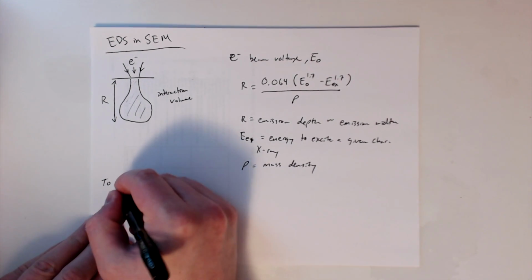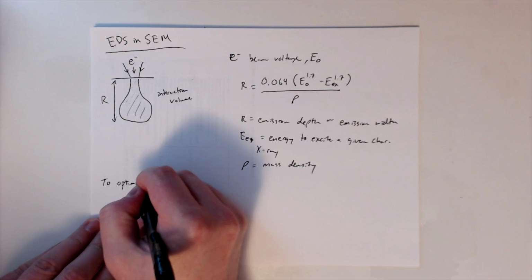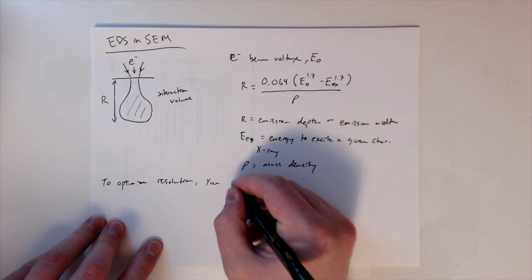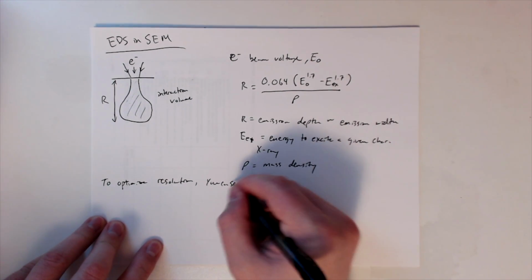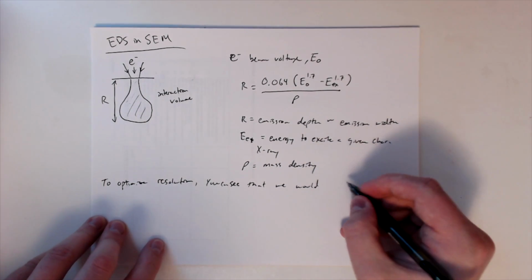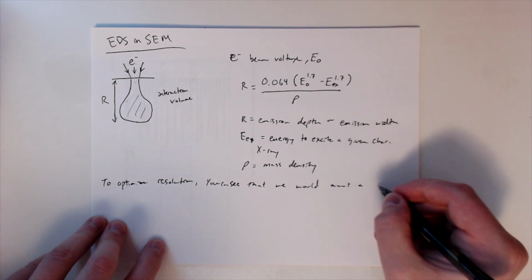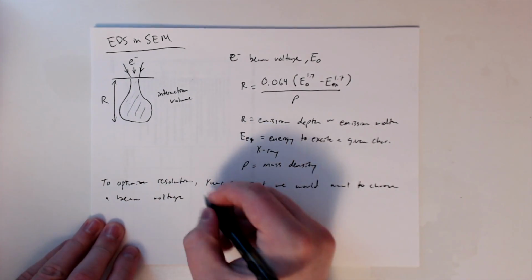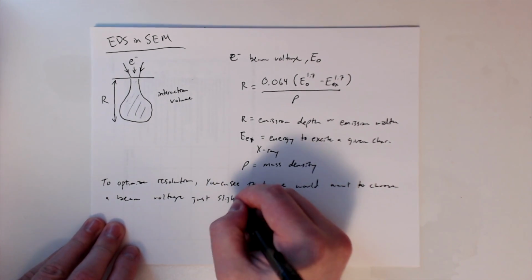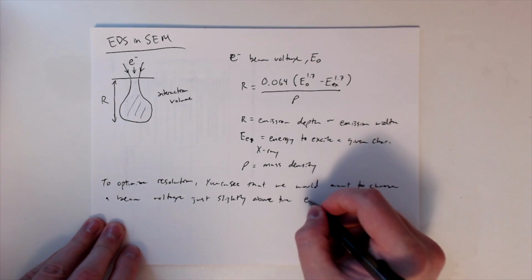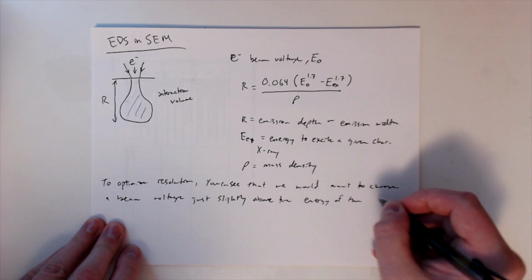To optimize resolution, we want to choose a beam voltage just slightly above the energy of the characteristic X-ray.